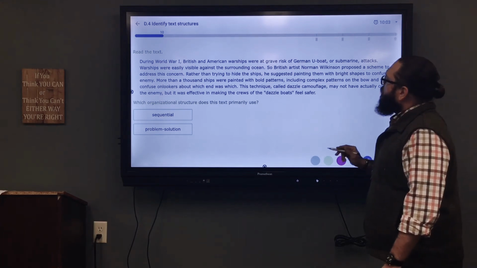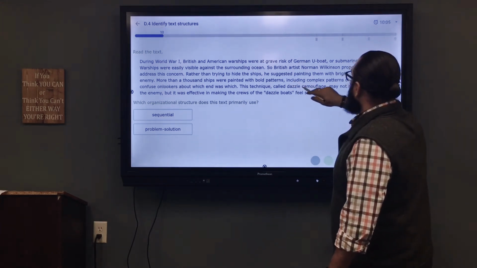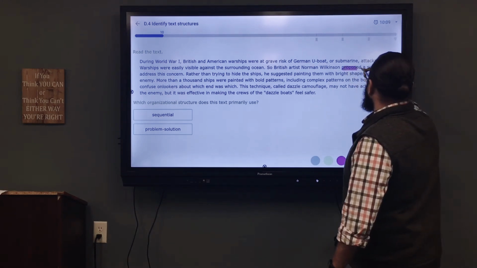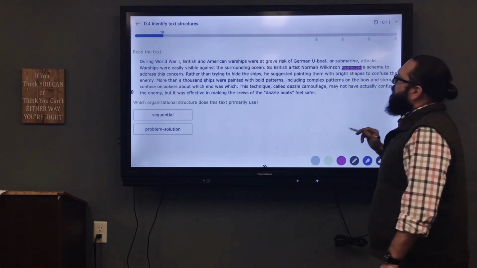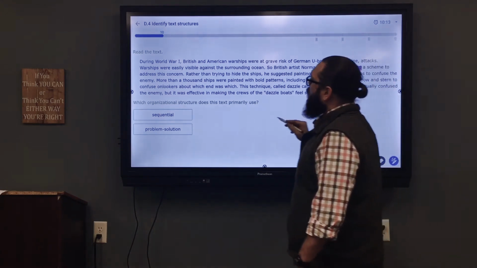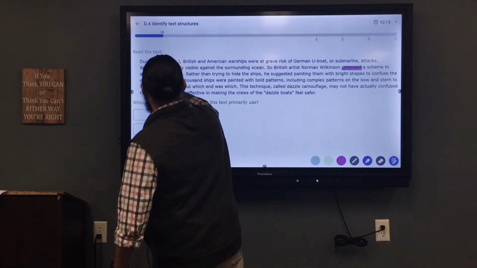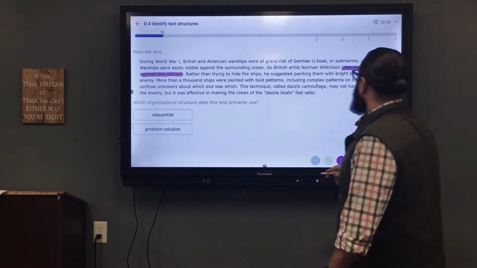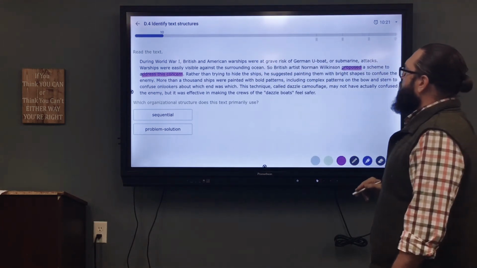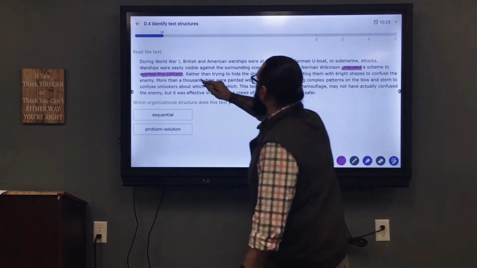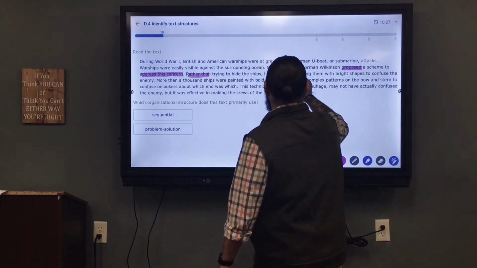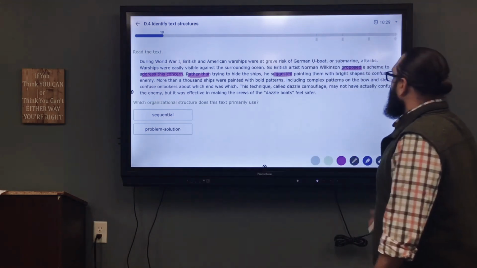All right, so we're told that British artist Norman Wilkinson proposed to address this concern. So rather than doing something, he suggested painting them with bright shapes.